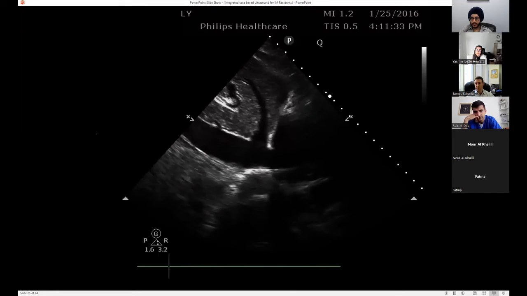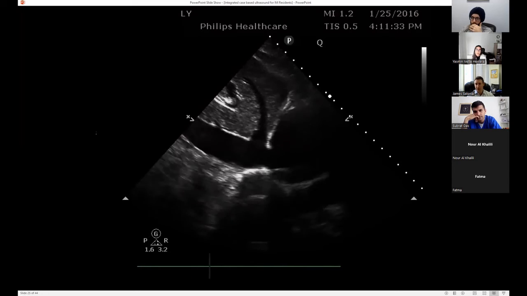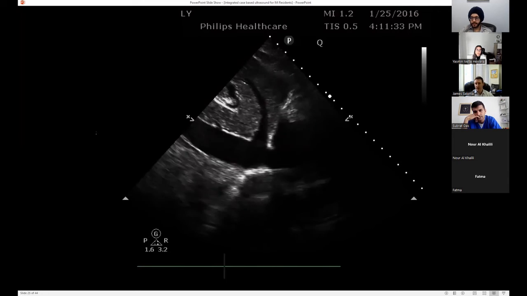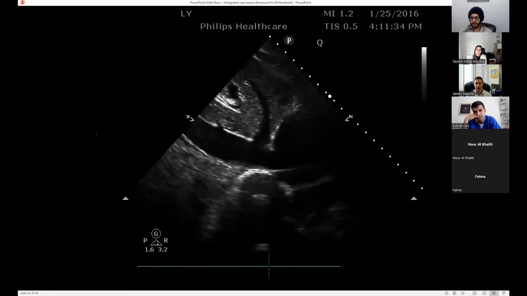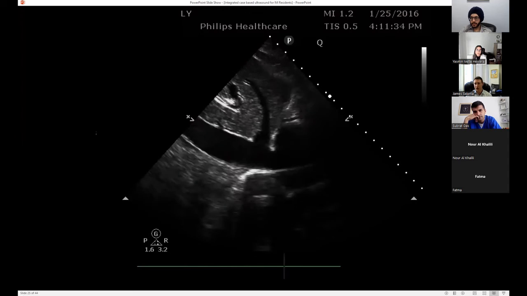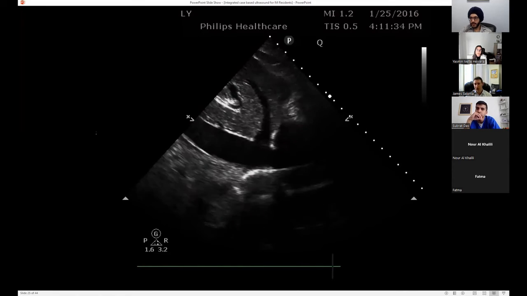It tells you CVP. CVP may be a marker or an indicator for volume status, but it does not directly correlate. In fact, there's a lot of data out there saying that even when people are volume responsive, sometimes they have dilated IVCs with no variation. So this by itself shouldn't dictate if you give fluids or if you don't give fluids. It's just one piece of the puzzle.